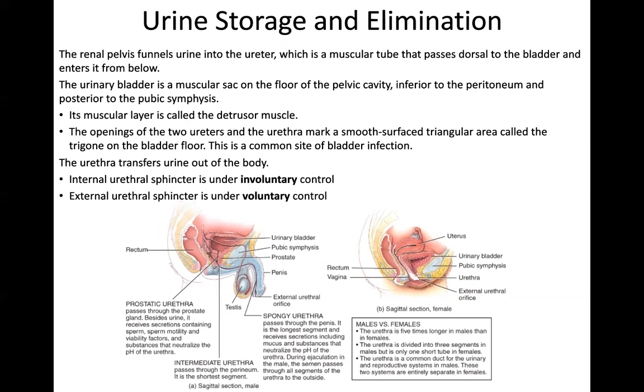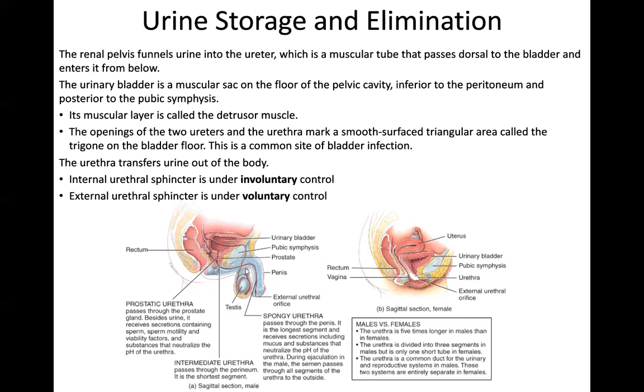Down at the bottom are 2 separate illustrations, one of the male reproductive and urinary structures, one for the females. And that is important because this is going to help transition us into our next lecture. The urethra in a male is not strictly a urinary functioning organ.